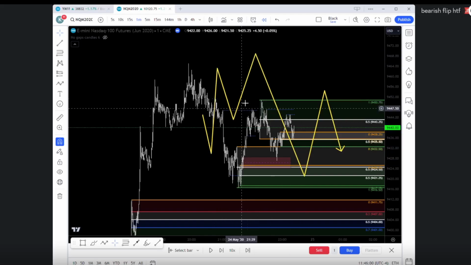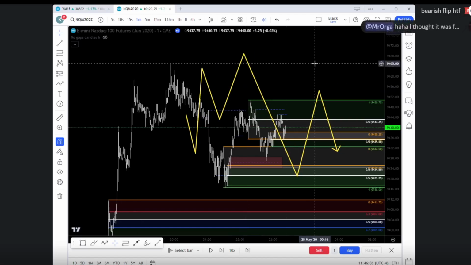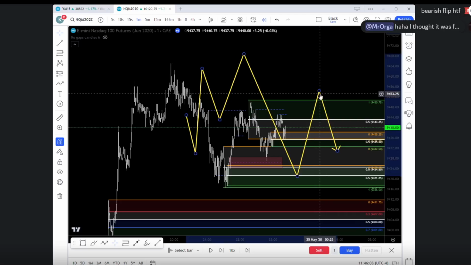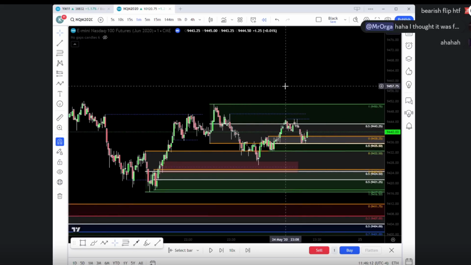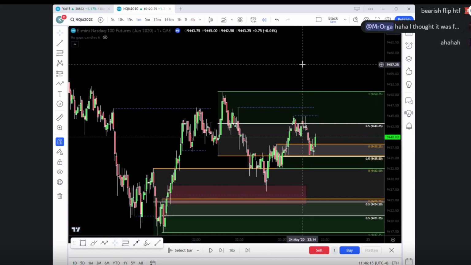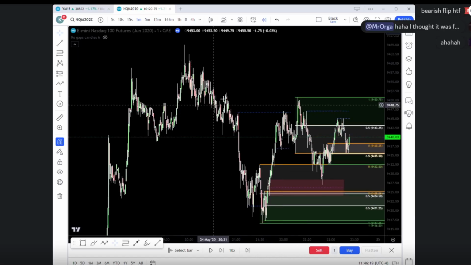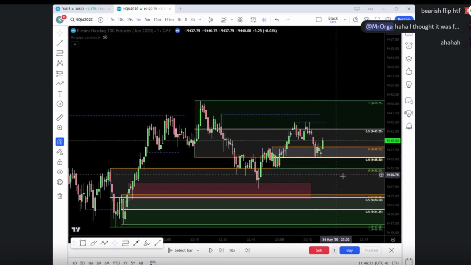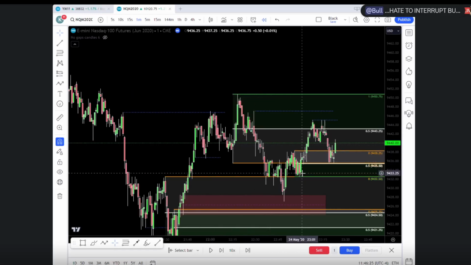Didn't quite get up to the 50% of this, but she was close, and you got your flip, right? This pattern, these signatures are everywhere. Now, do you need to be trading off the 15-minute? Of course not, right? We can see what the 15 minutes doing based off the 1 minute.